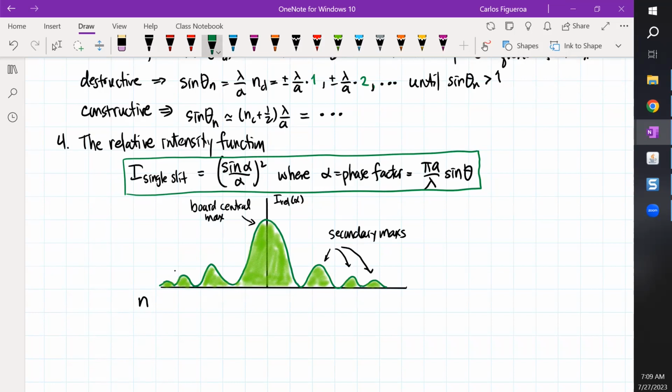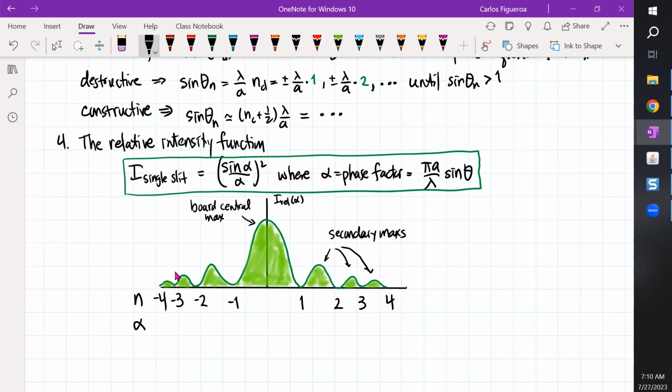Now, if you want the minimas, read 1, 2, 3, 4, -1, -2, -3, -4. I should have written these a little bit lower. So there's no 0, so this is -1, 1, 2, 3, 4, -2, -3, -4. So these are the n values.